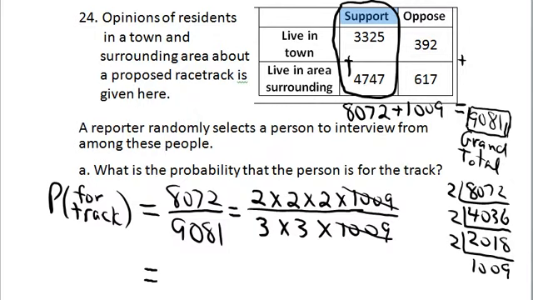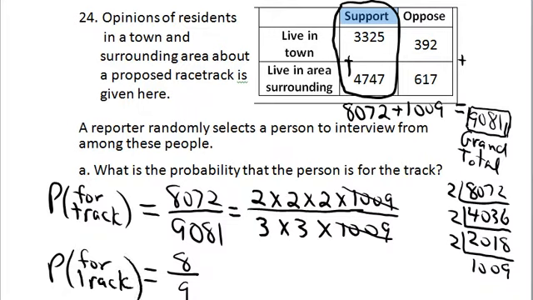So the probability that a randomly selected person to interview from among all these people would support the track would be 2 times 2 times 2, which is 8, over 3 times 3, which is 9. So the probability is 8/9.